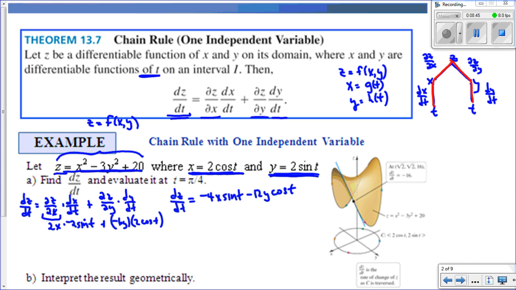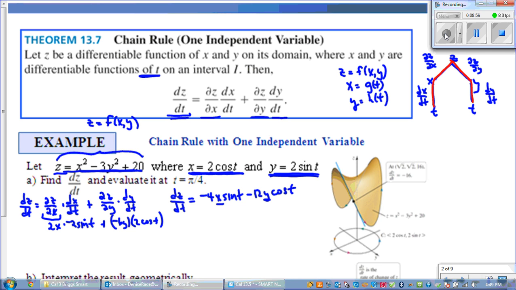Now, if we're going to do that, though, we would still need to find out what x would be for the value of pi over 4 and y for the value of pi over 4. So to simplify and only have to plug in t for one variable, let me go ahead and change this over to all t's. I have minus 4x, but x is 2 cosine of t.